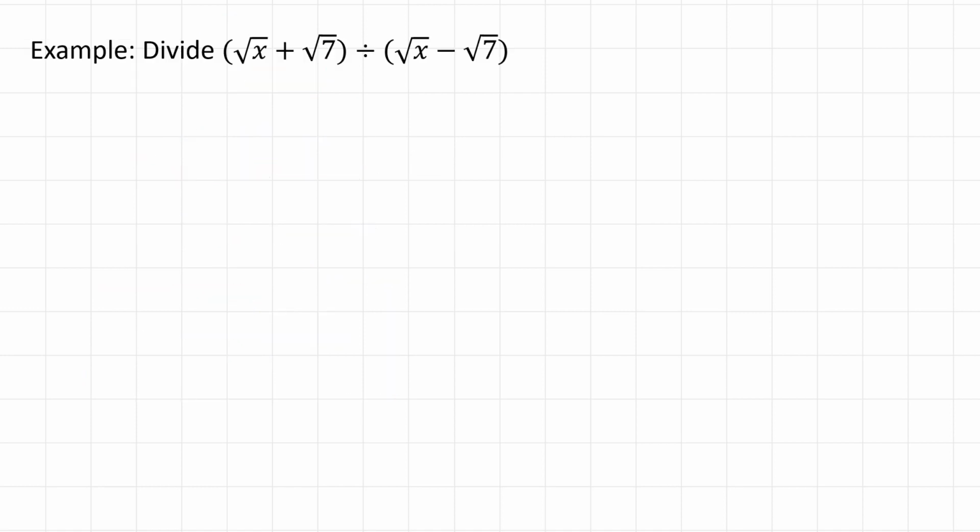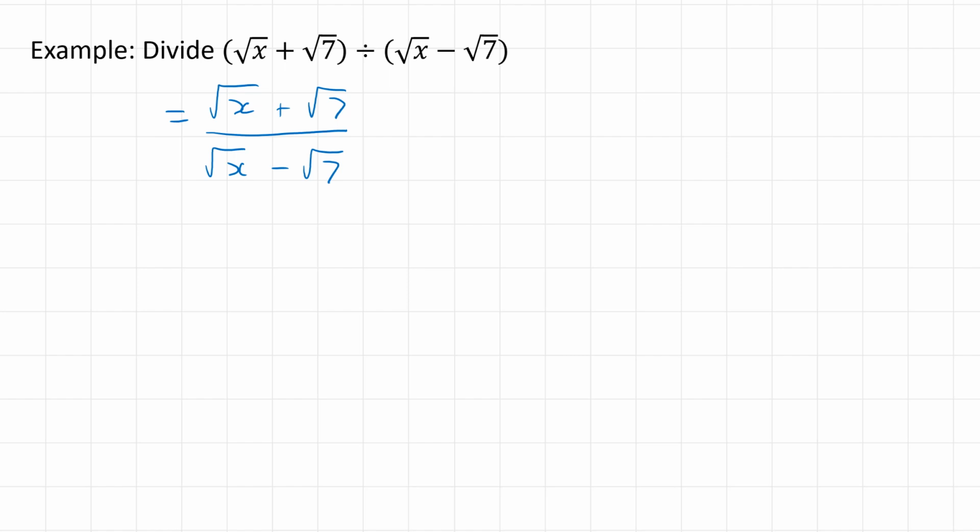Okay, so in this next example, we are going to be dividing root x plus root 7 by root x minus root 7. So this is actually a rational expression in disguise, because if we rewrite this, we actually have root x plus root 7 over root x minus root 7. Okay?